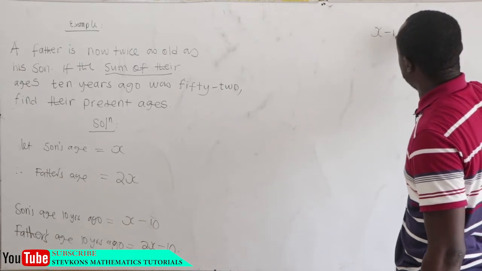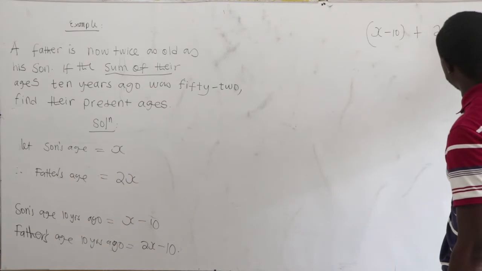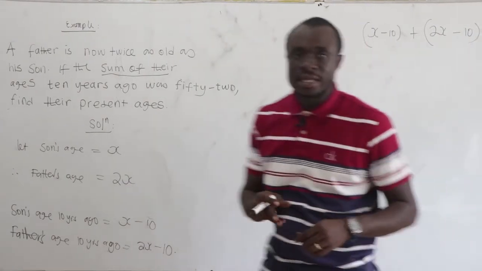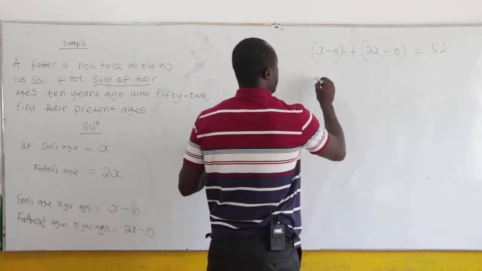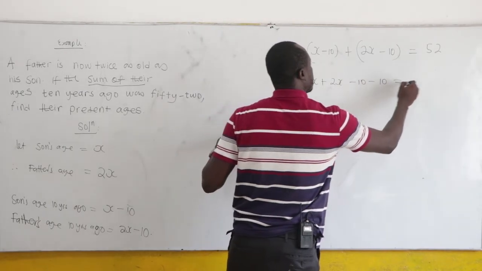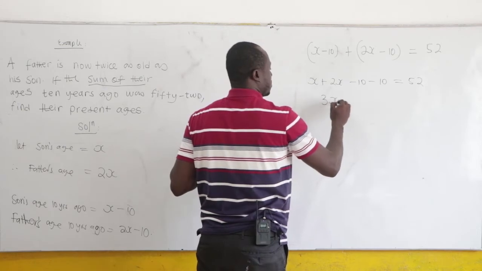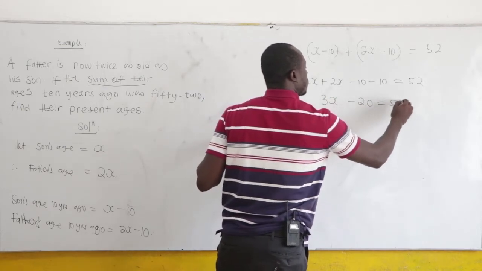So x minus 10 plus 2x minus 10 equal to 52. When you add their ages, this is equal to 52. Now, let's see. So you have x plus 2x, negative 10 minus 10, equal to 52. x plus 2x is 3x. Negative 10 minus 10 is negative 20, equal to 52.